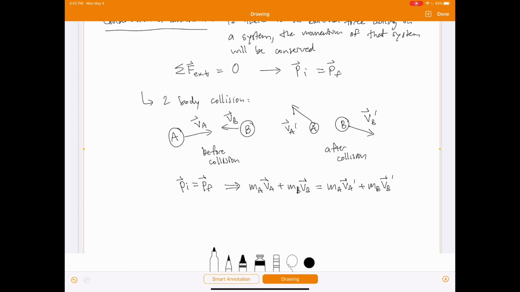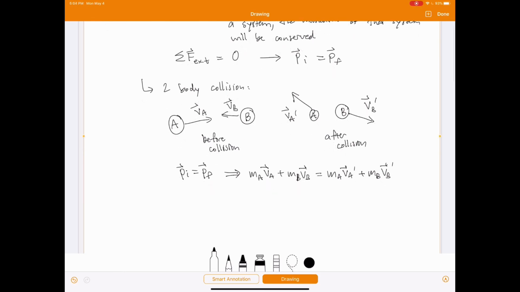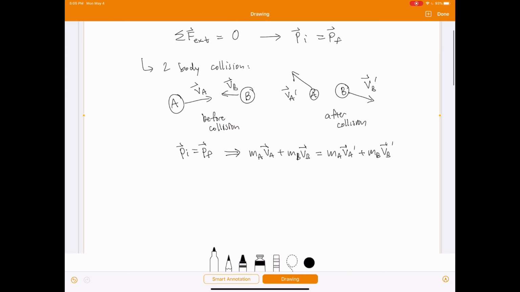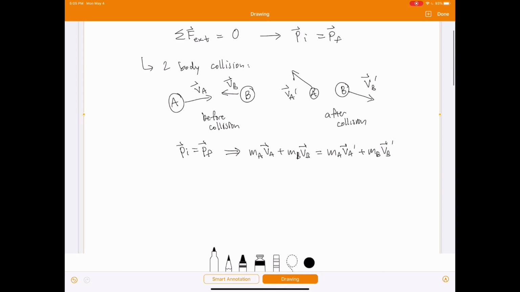That's how it works. So to say a little bit more about collisions, there's more than one way a collision can happen. So in particular, we have what are called elastic and inelastic collisions. And before we define that, let's review kinetic energy. Kinetic energy is the energy associated with motion.